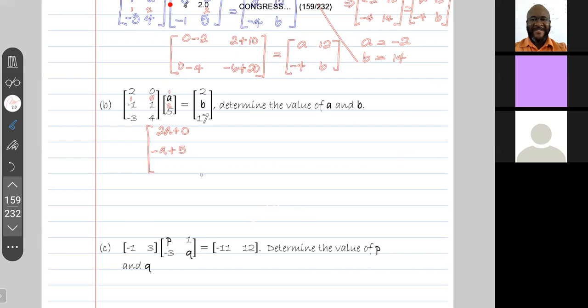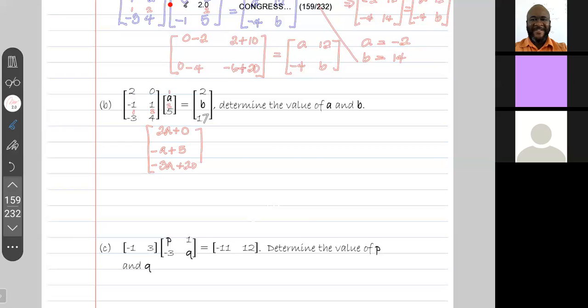And lastly now, I'm going to multiply the bottom row by the same column. So minus 3 times A is minus 3A, and 4 times 5 is 20.